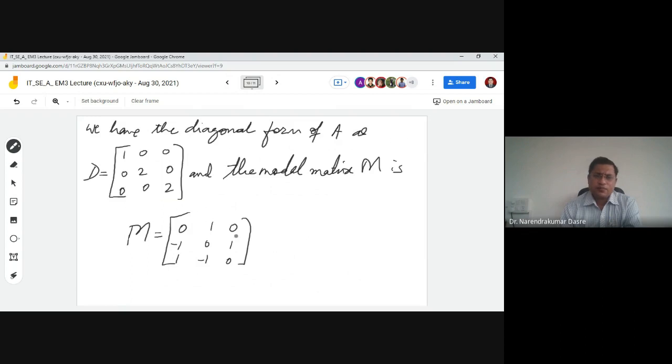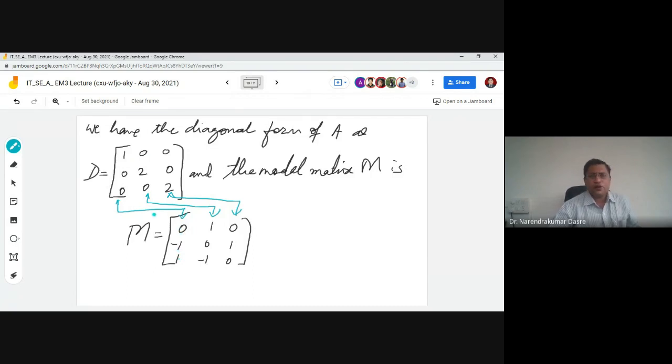So this column you can write here also, and this column you can write here also, because the eigenvalues are going to be same. But we need to understand the correspondence. For the first, we must have the first. For the second, we must have the second. And for the third, we must have the third. So for the first eigenvalue, we'll have the first eigenvector here.